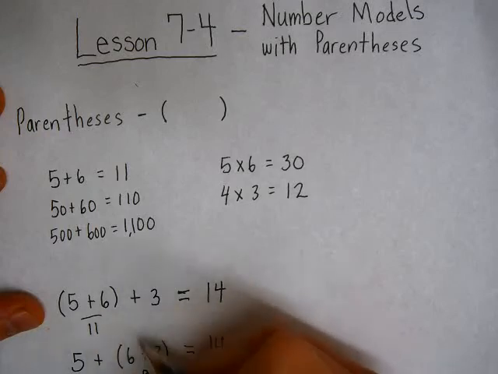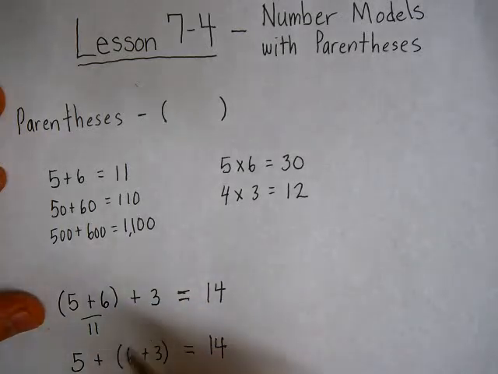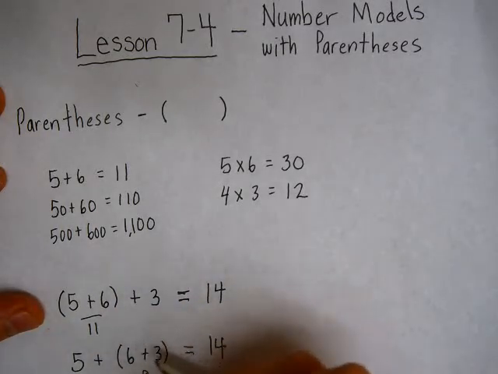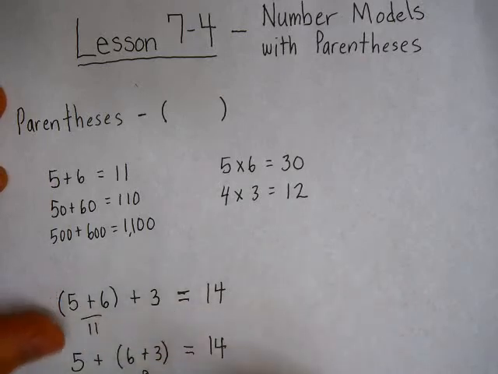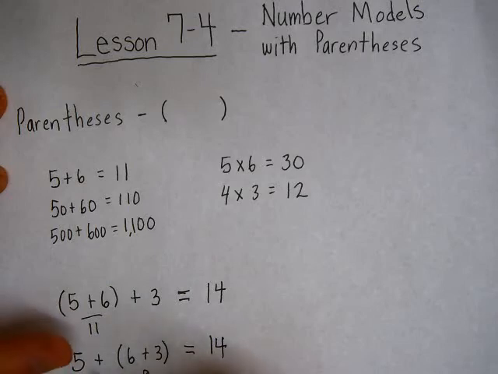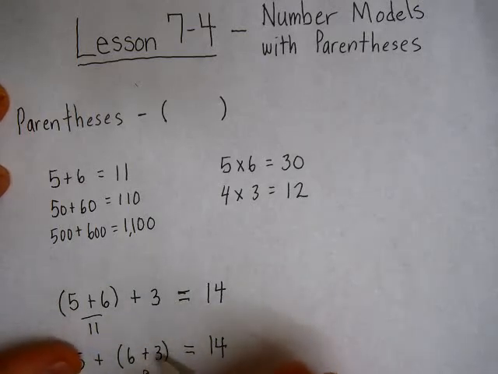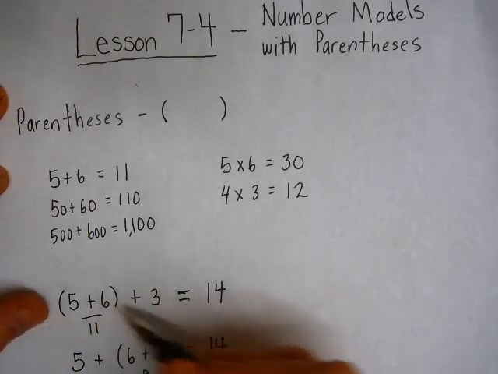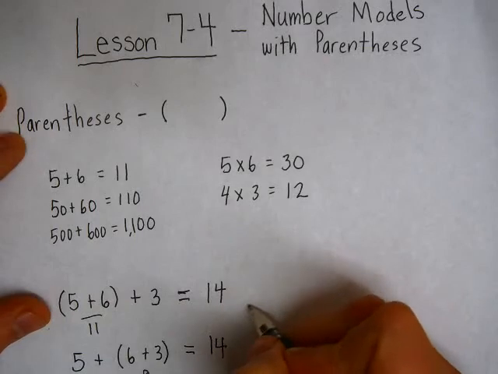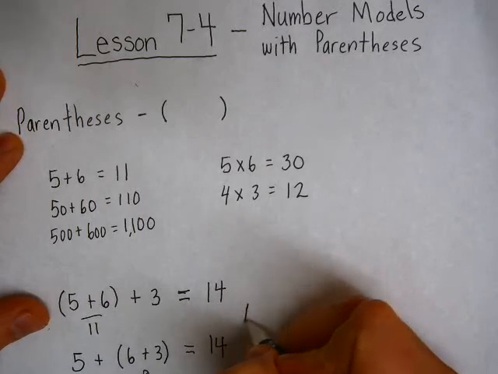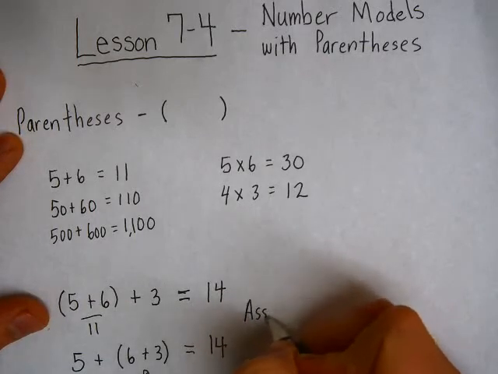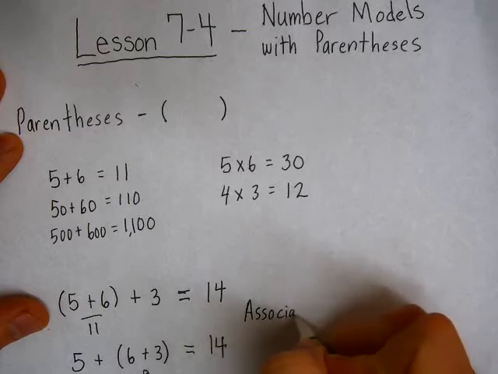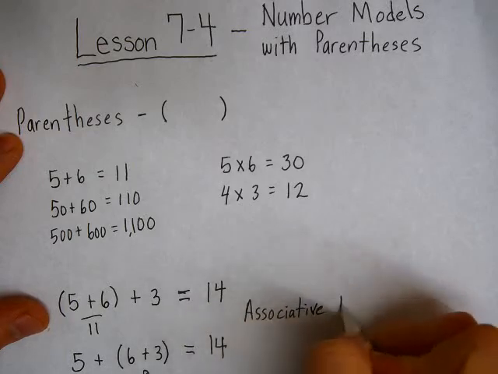This works with addition, but it doesn't work if we try to put other functions in here, such as multiplication, for example. 5 times 6 plus 3 would not be the same as 5 plus 6 times 3. So we have to make sure we know that this is with just addition, and for those of us who remember, this is actually called the associative property of addition.